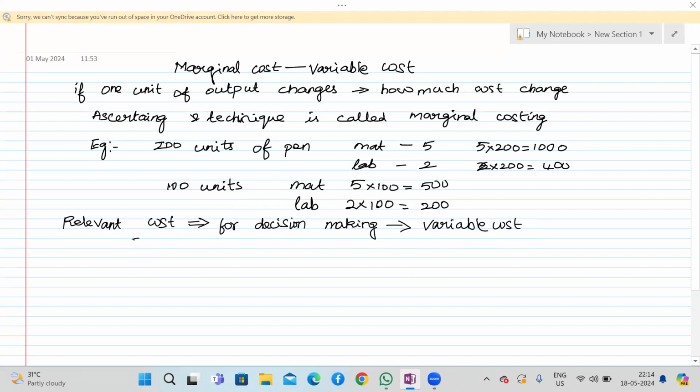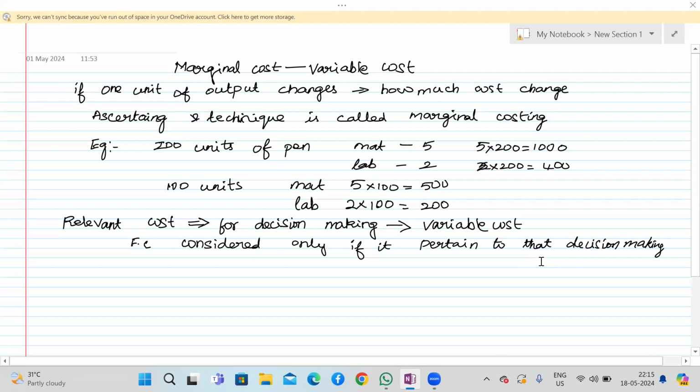Fixed cost is considered only when it changes, if it pertains to that decision. For example, if I want to incur additional expenditure of 5,000 rupees for accepting the order, like design charges, then I will consider that 5,000; otherwise I won't consider fixed costs.